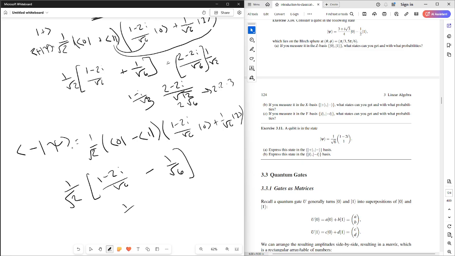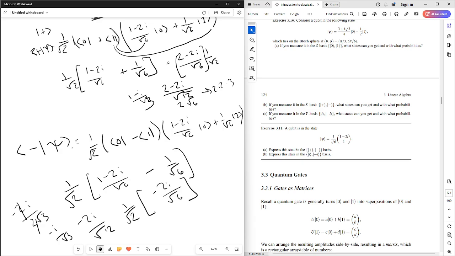So square root of 2 minus 2i over square root of 6 minus 2i over square root of 12, which is 2 square roots of 3, which gives us minus i over square root of 3. Verifying. That's 3.11.